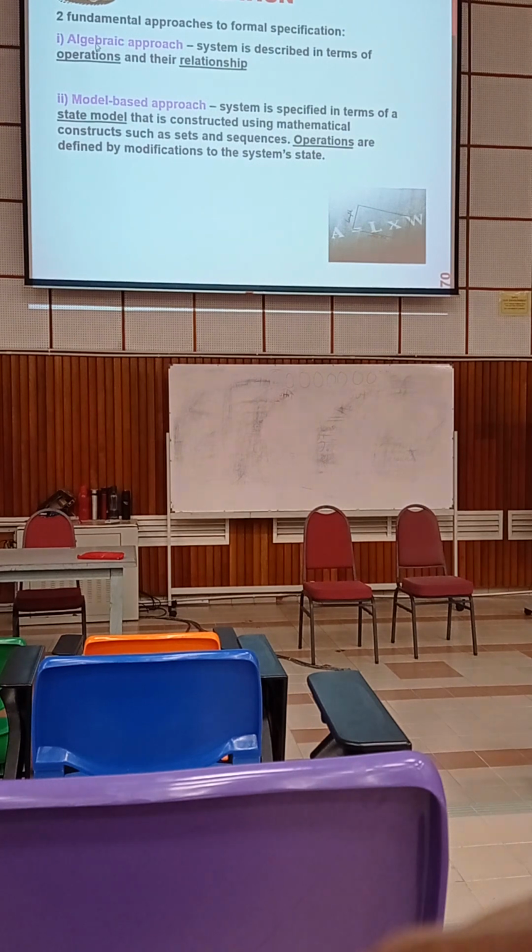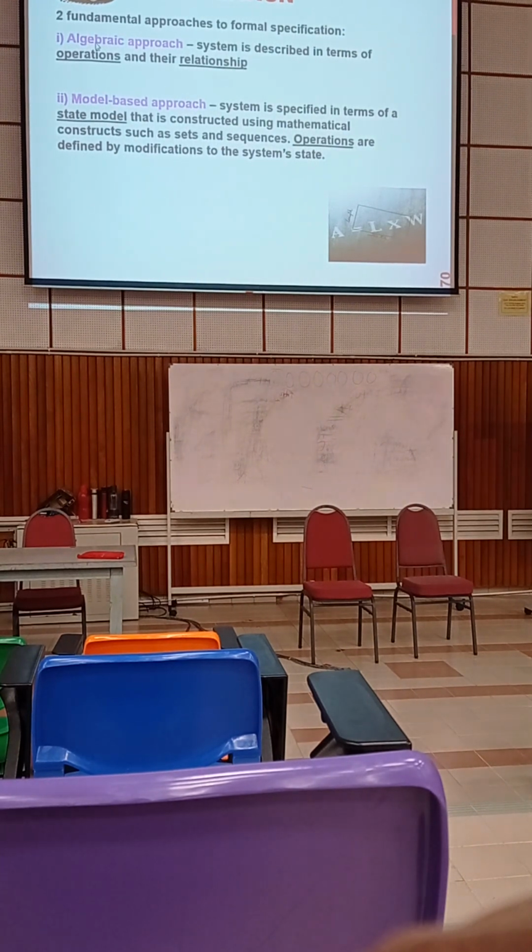You know what algebraic is, right? Under the topic of algebra, what do you learn in mathematics? All kinds of equations, right? Solving unknowns and all that comes under algebra. Same thing here, it's all about operations and relationships. Relationship is equation. So your requirement will be in the form of operations and relationships.